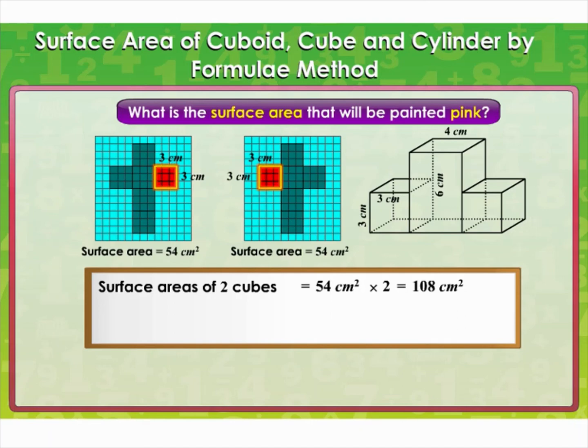The area of each face is 9 square centimeters. But these two square faces are joined to the cuboid. They are hidden inside. Only 5 faces of each cube will be painted pink.